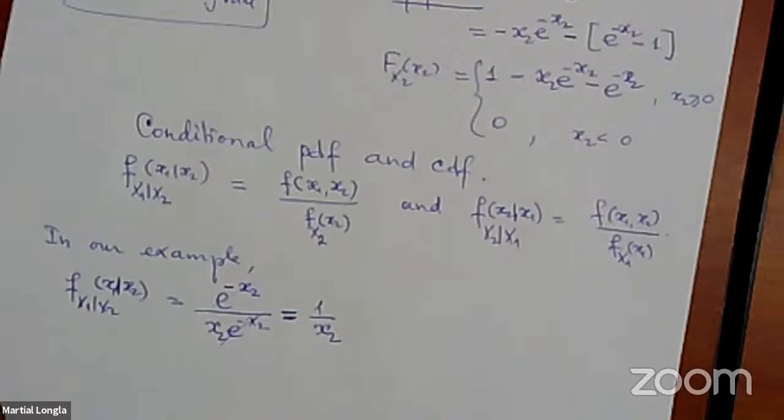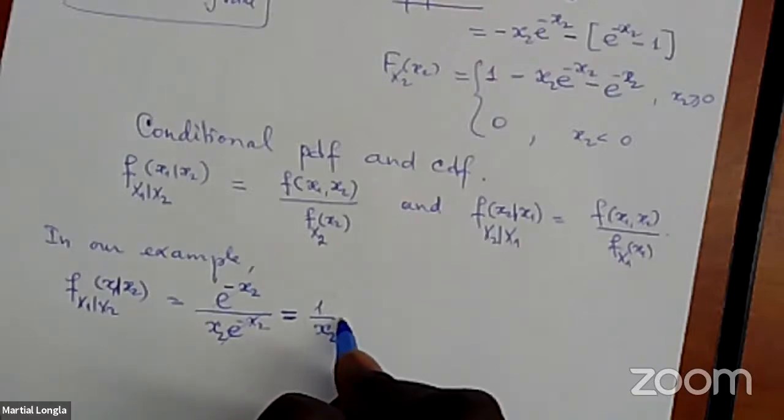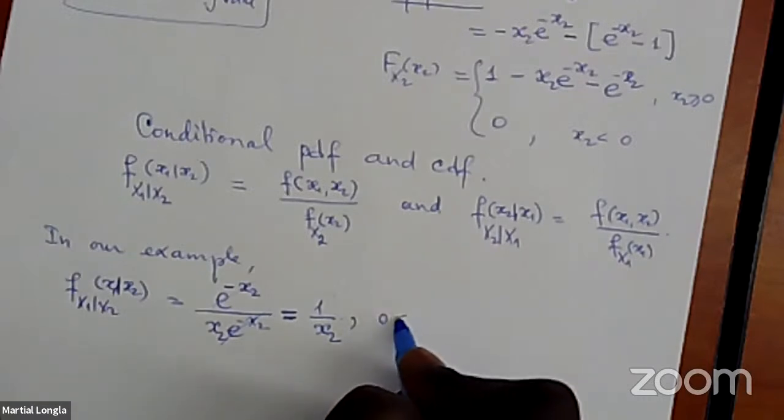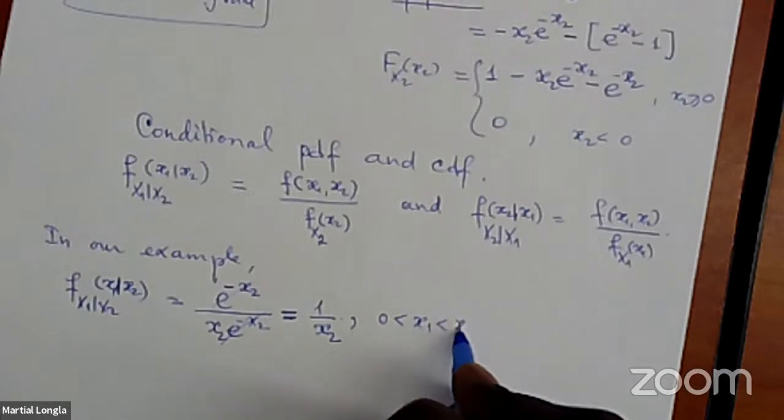Okay, notice that this is the distribution of x1 given x2, right? So x2 is fixed. For every fixed value of x2, the chance of having x1 is a constant. Do you see that? It doesn't depend on x1, which means that x1 is uniform, conditional on x2. Notice that this is under one condition: that 0 is less than x1, less than x2.